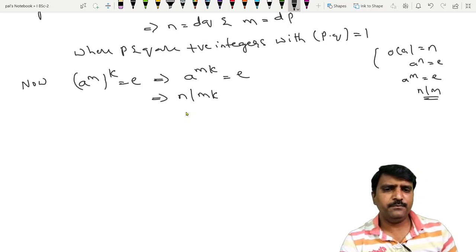A to the power of mk is also e, which implies that n divides mk because order of a is equal to n, by the property.